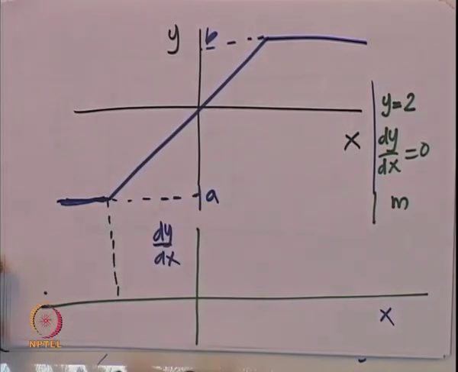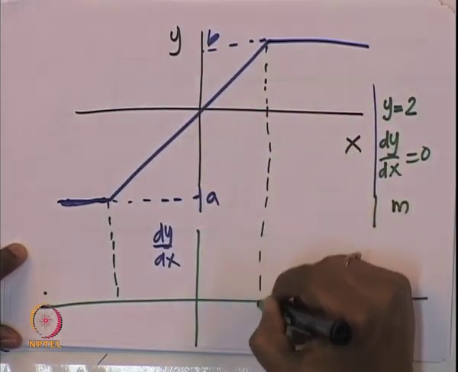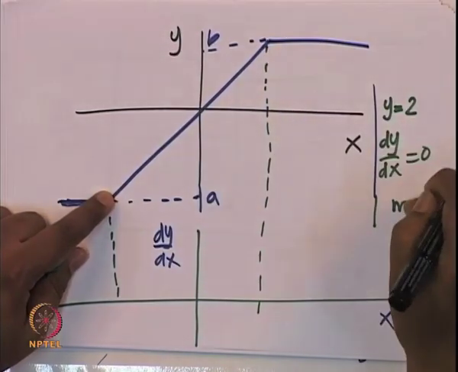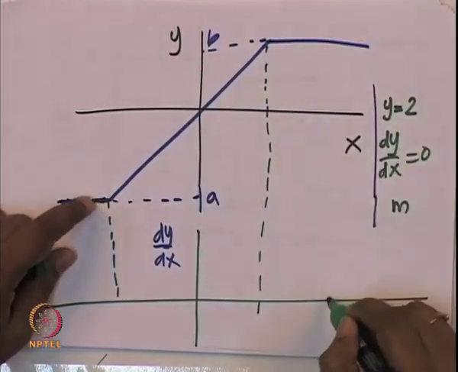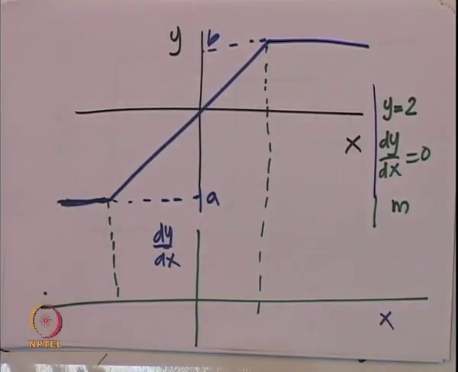So let's mark this. Till this point, the derivative is 0. Between these two, the derivative is a constant m, and after this, again the derivative is 0. Let's try to draw this.